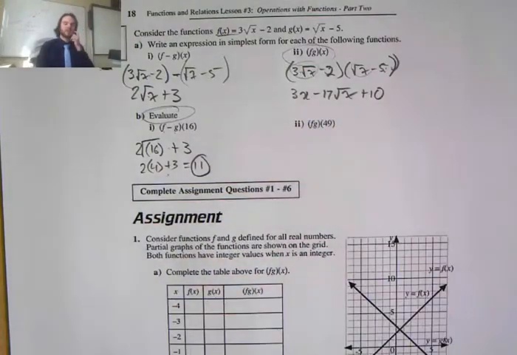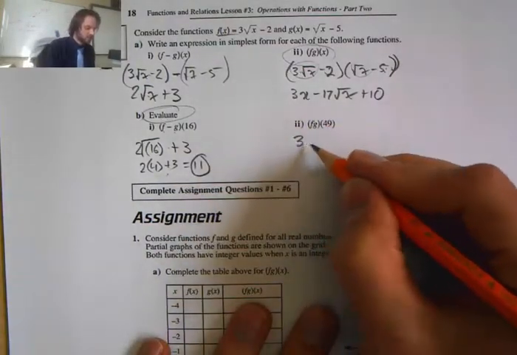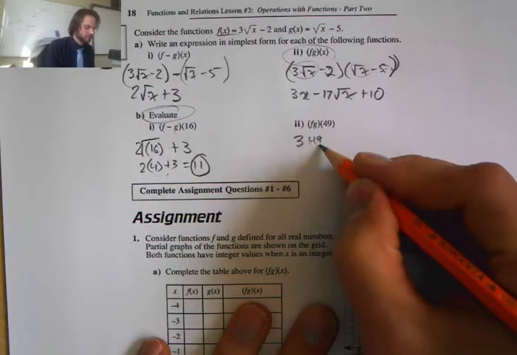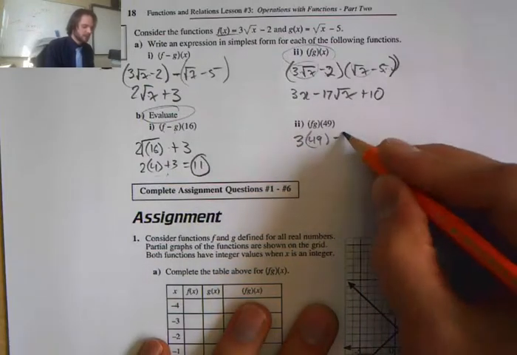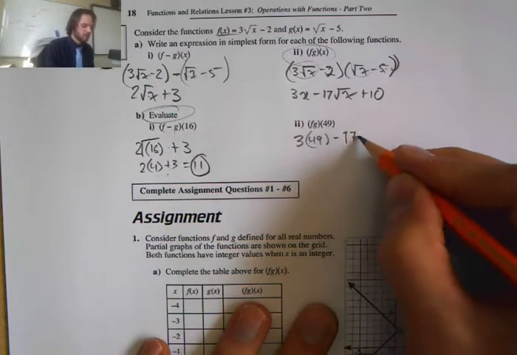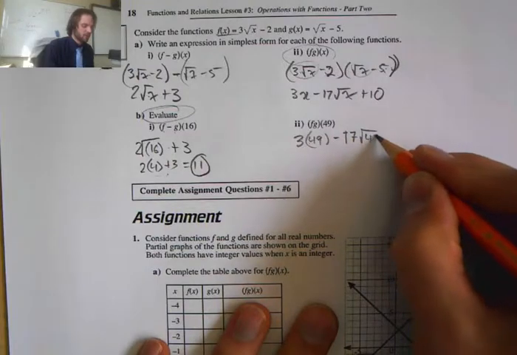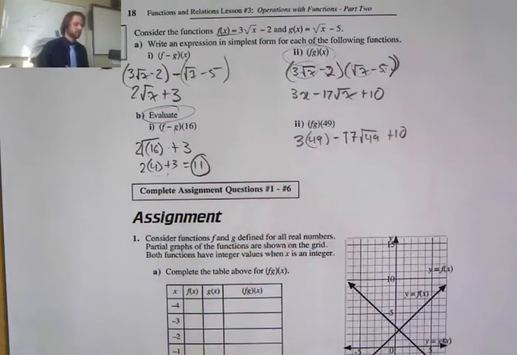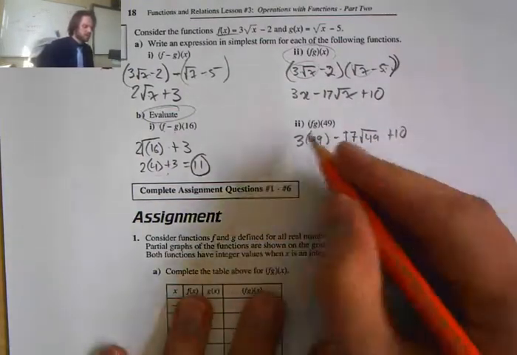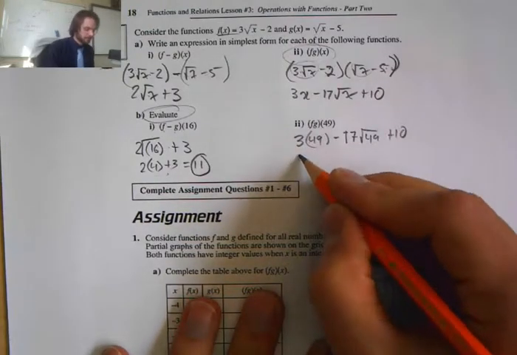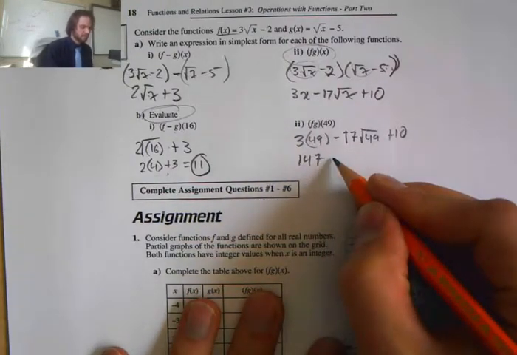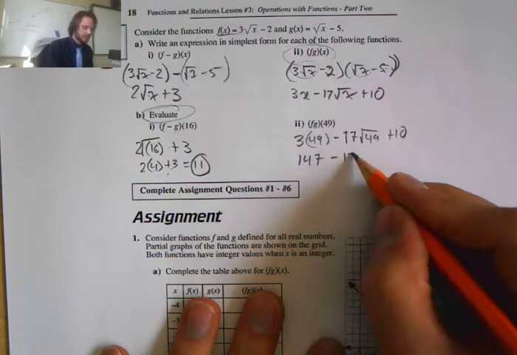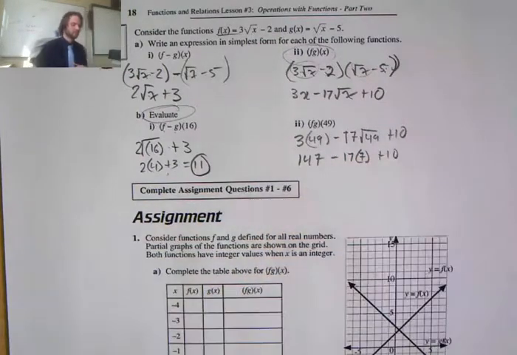We want 49. So it's 3 multiplied by 49 minus 17 multiplied by the square root of 49 plus 10. Okay? So this here is going to be 147 minus, now 17 multiplied by 7, and we have to plus 10.